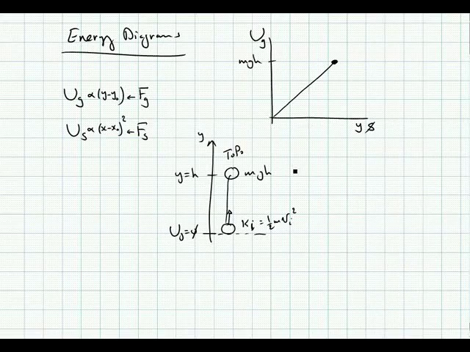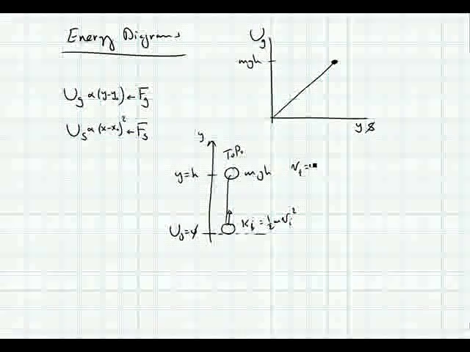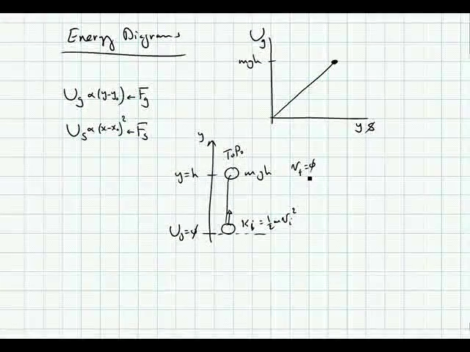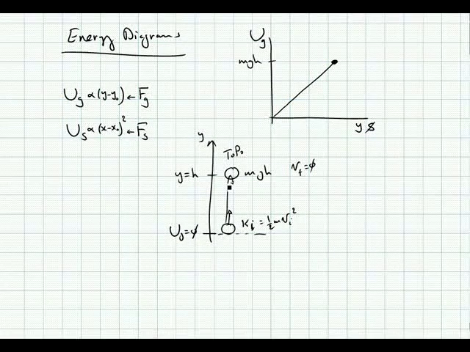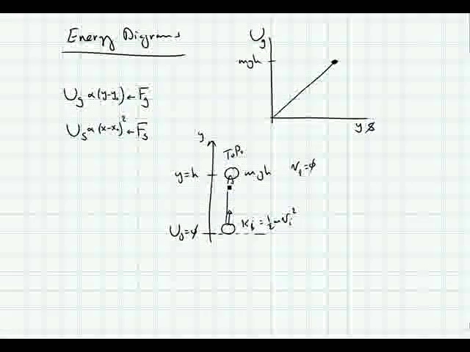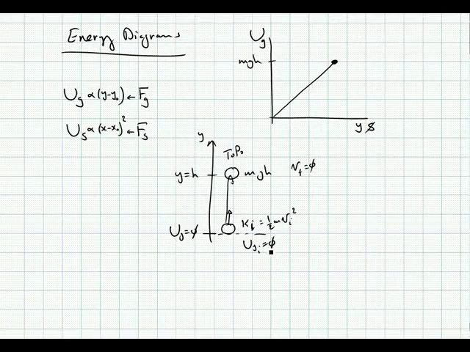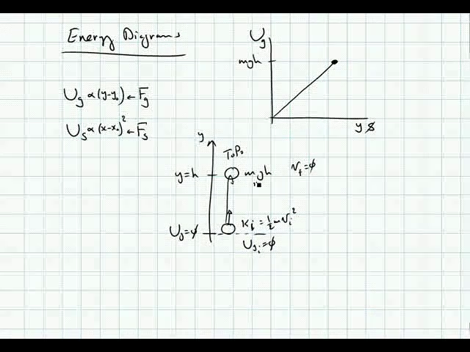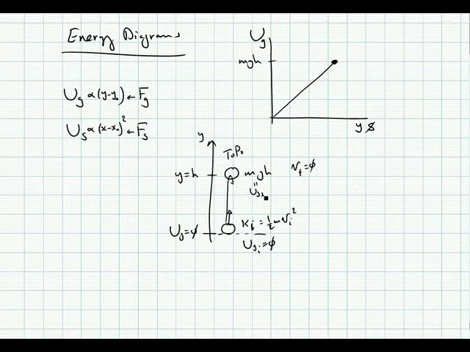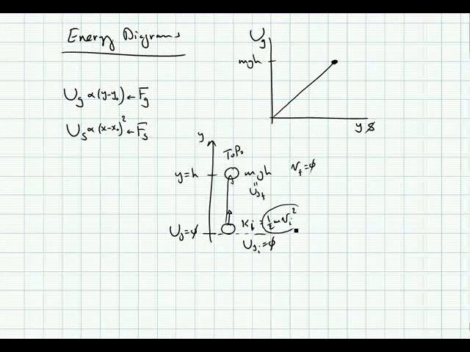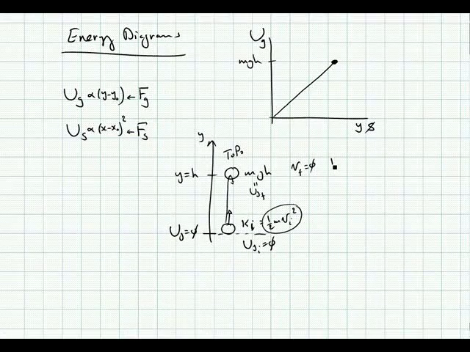That's where velocity is 0, of course, and after which it turns back and falls back to the ground. So UG initial is 0. Now UG final is simply mgh. K initial, the kinetic energy, is 1/2 m v i squared, and final kinetic energy is of course 0 because final speed is 0.